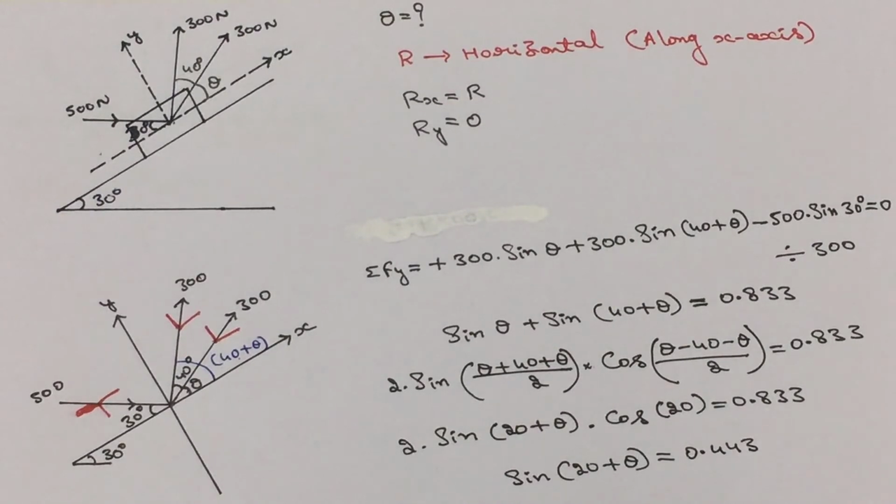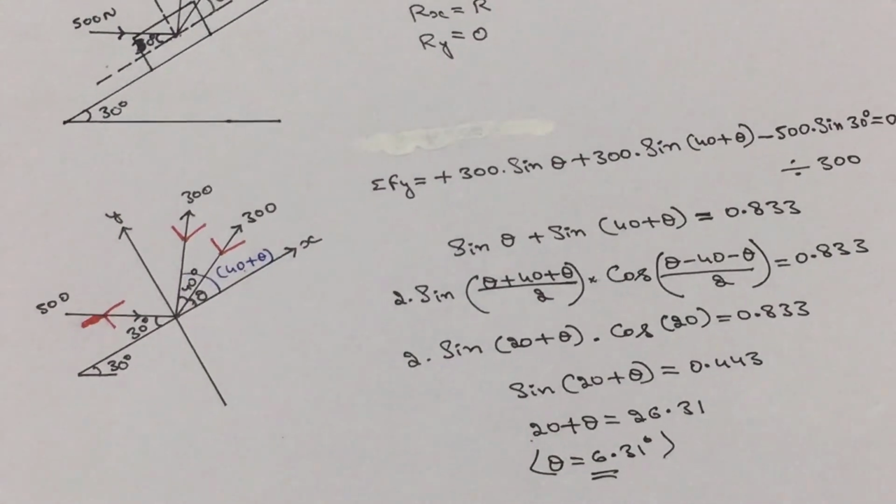Then calculate 20 plus theta, that is sin inverse of 0.443. You are going to get 26.31. Therefore, theta is equal to 26.31 minus 20, that is 6.31 degrees. Thank you.